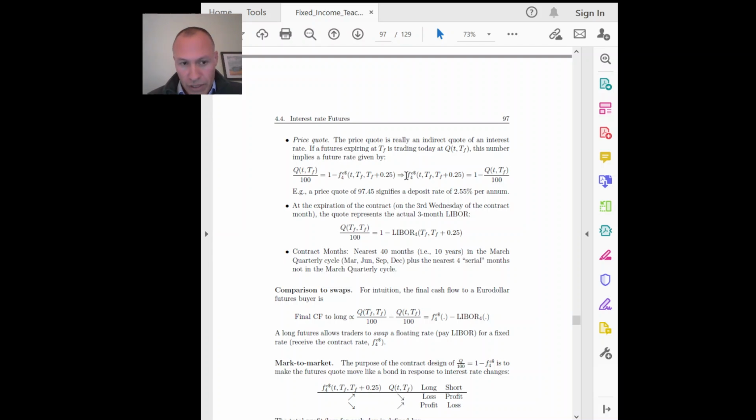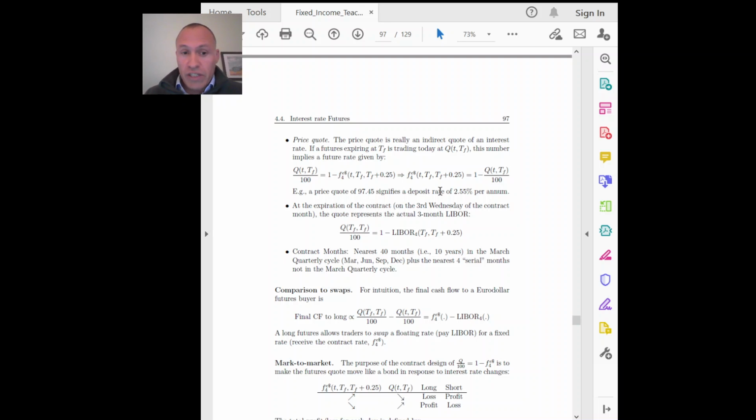In other words, if you solve for the rate, you take the quote from the web page, divide by 100, and 1 minus that is actually the interest rate that is implied by the futures contract. For example, a price of 97.45 means a rate of 2.55%.